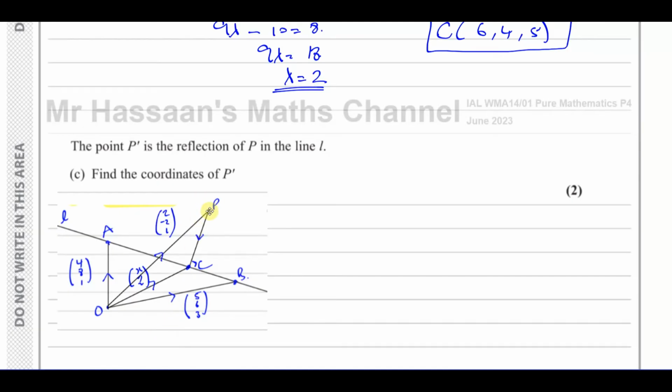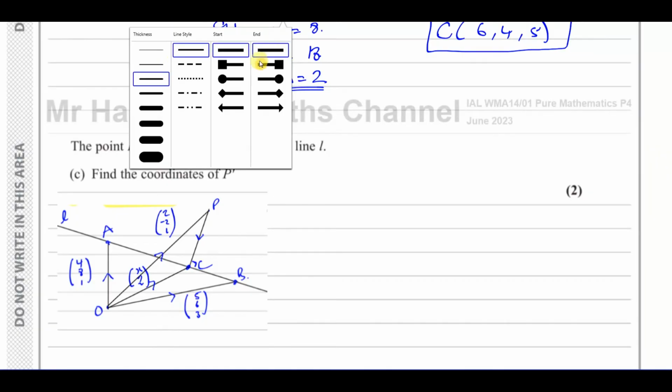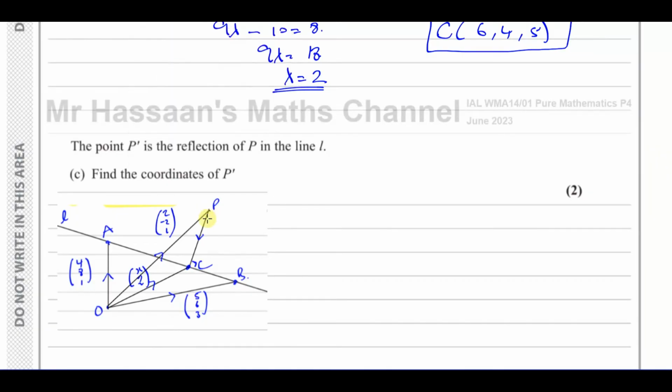So if I continue the line PC on for the same distance that P is away from C, say this is P dash, and this distance is the same as that distance, then this would be the image of P, equidistant from C as P is from C on the other side, along a line at 90 degrees.